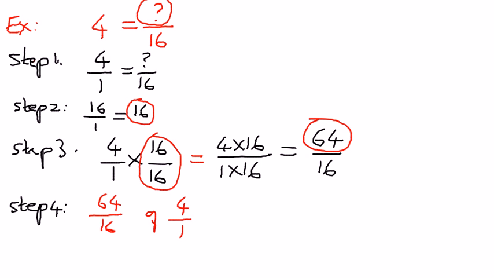We can also write it as 4 over 1 is the same as 64 over 16. All these are different ways of saying it, but it means exactly the same thing.